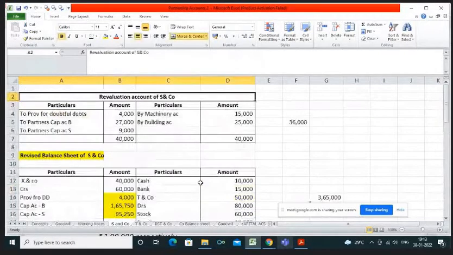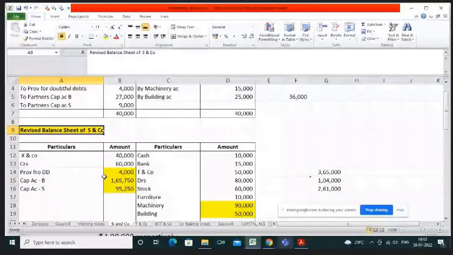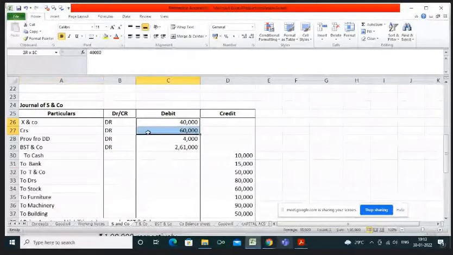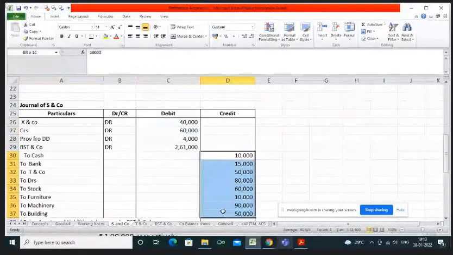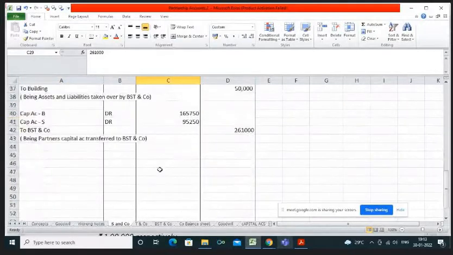So the steps are: prepare a revaluation account, prepare capital accounts, and prepare a revised balance sheet, so that passing the journal entry will be very simple. Then we pass this journal entry: debit all the liabilities, credit all the assets taken over, and the balance should be debited to the new firm which is taking over. And then finally transfer the capital accounts to the new firm.